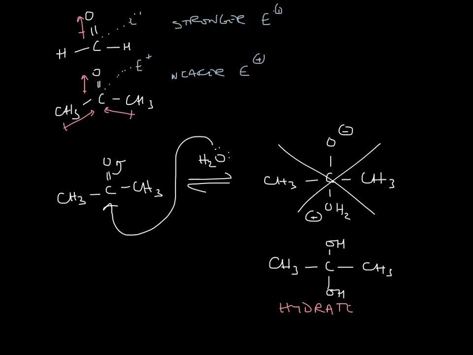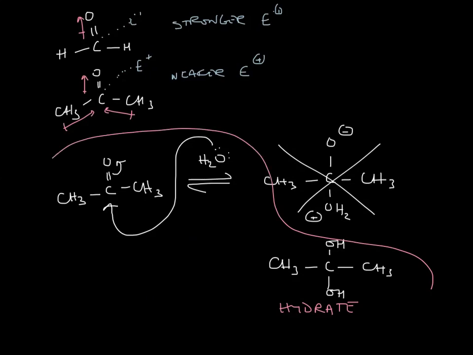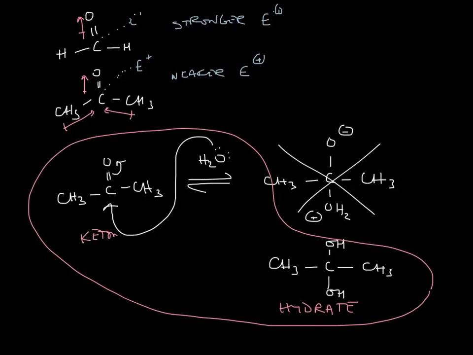So all ketones, all aldehydes, with some water in their solution, are going to go back and forth. This equilibrium exists between the carbonyl and the hydrate. And this will happen to both ketones and aldehydes. In this case, of course, it is a ketone.